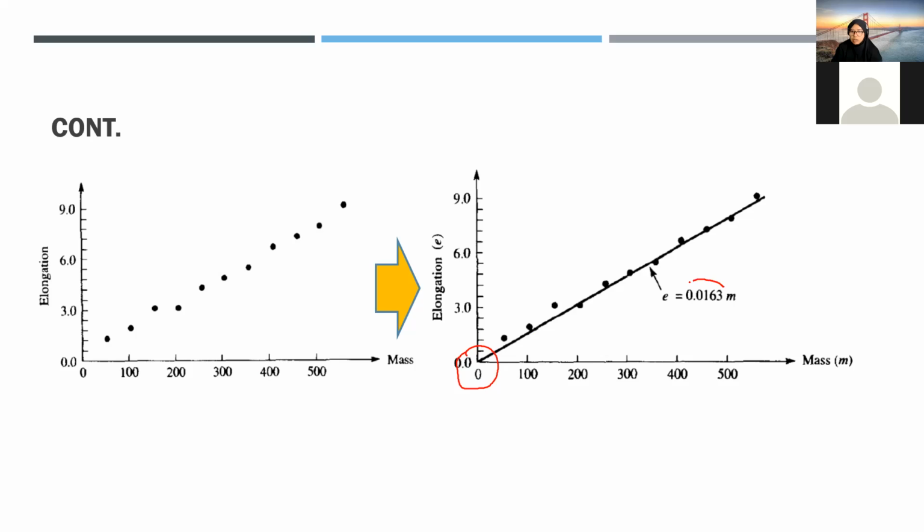This one is just the slope. So k is just the slope. The elongation of the spring is a constant multiplier of the mass. The heavier the mass, the longer it will stretch.